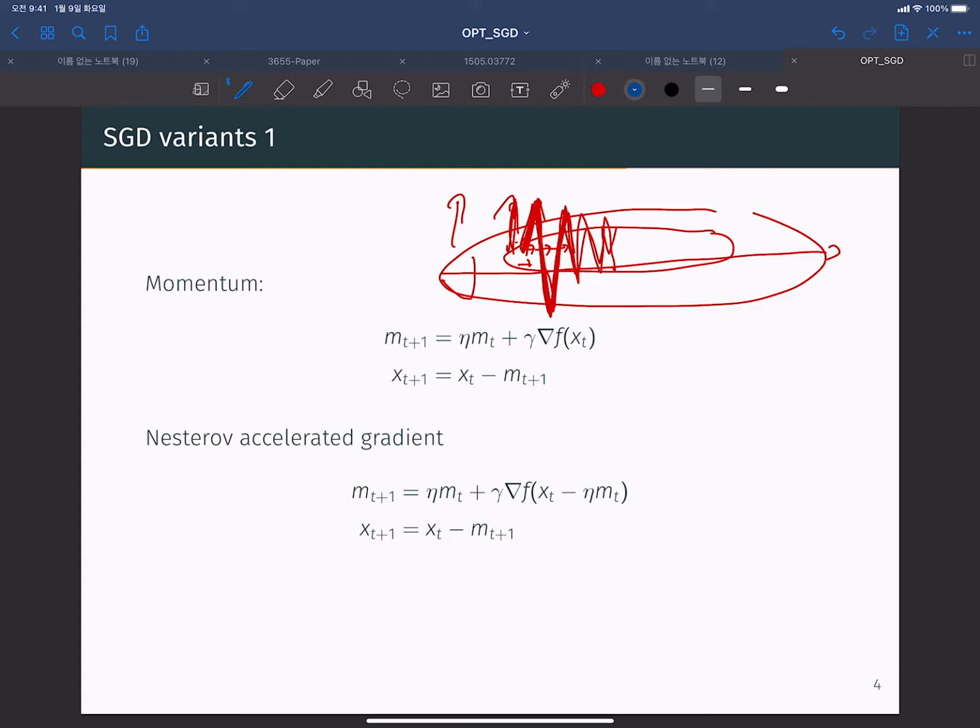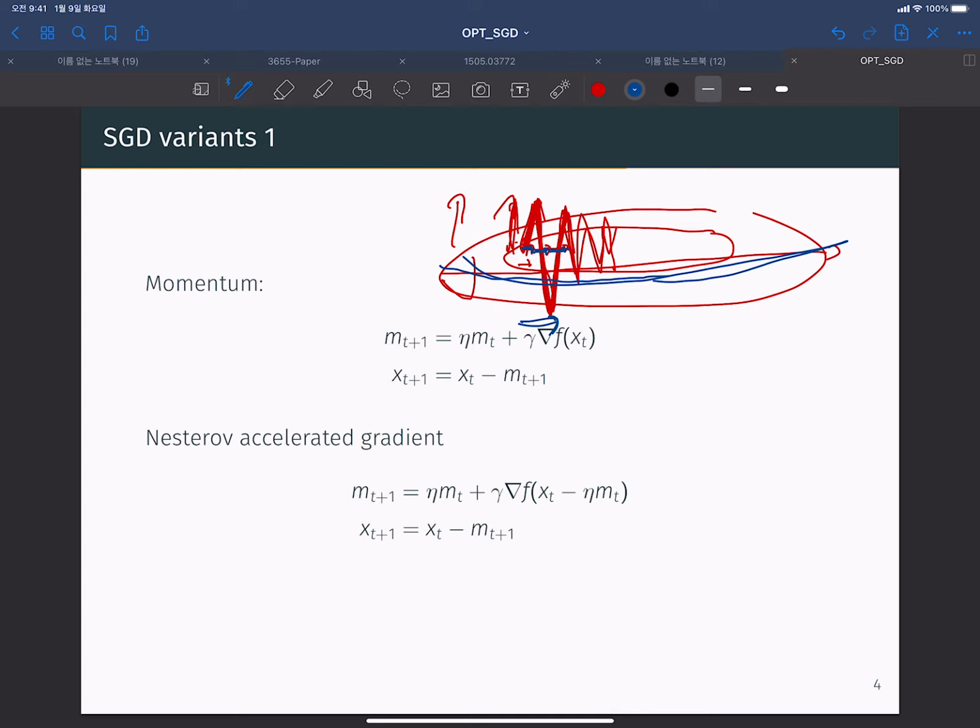On the other hand, in the slowly varying, very smooth direction, when averaging your past history, there's no cancellation, it just adds up, because all the past history shares the same direction.